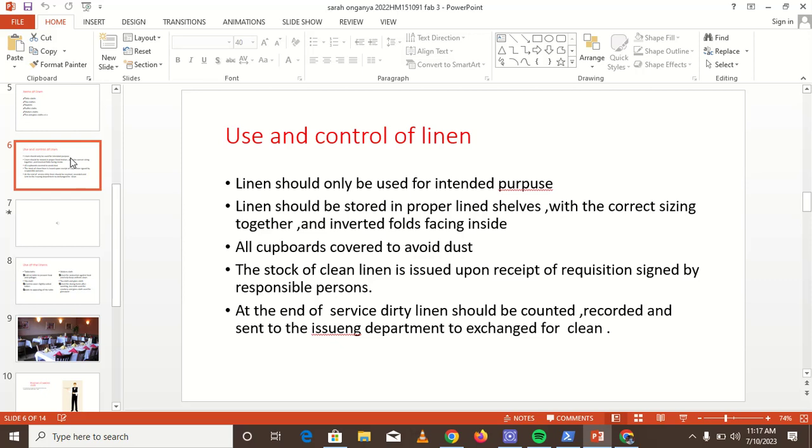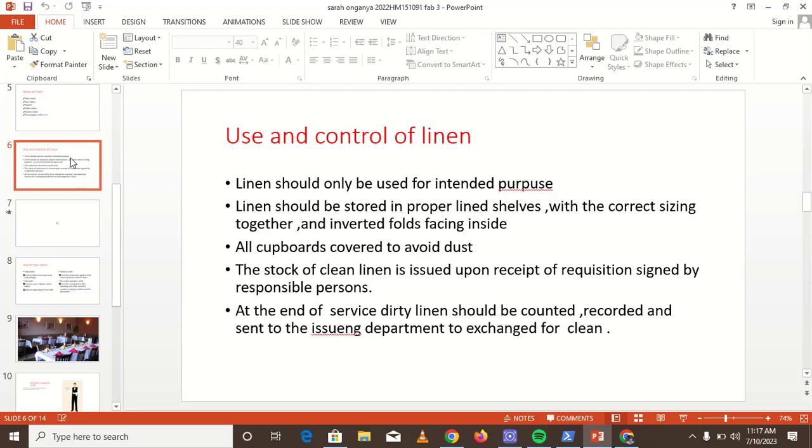When talking about use and control, linen should only be used for the intended purpose. Do not use linen for a purpose that it is not intended for. Linen should be stored in properly lined shelves and cupboards covered to avoid dust. The stock of linen is issued upon receipt of a requisition signed by responsible persons.